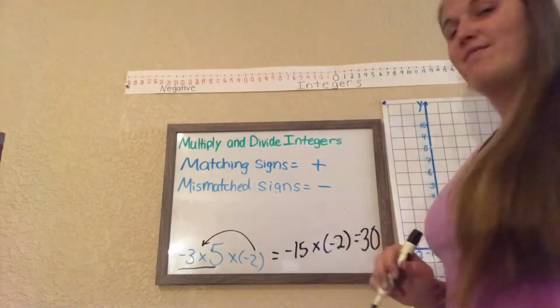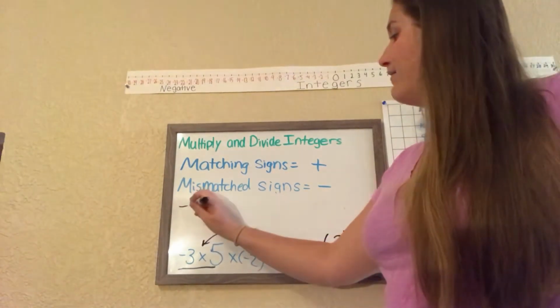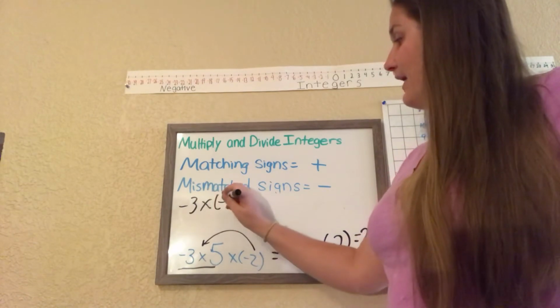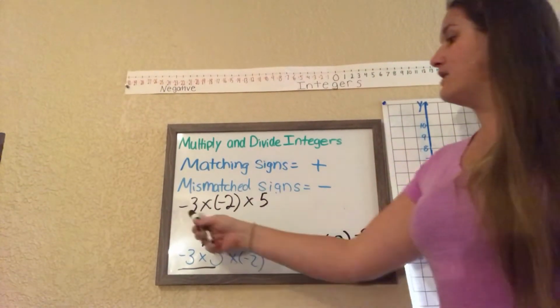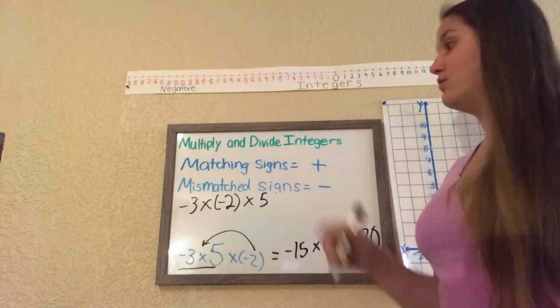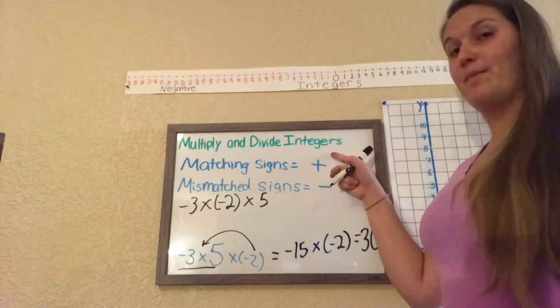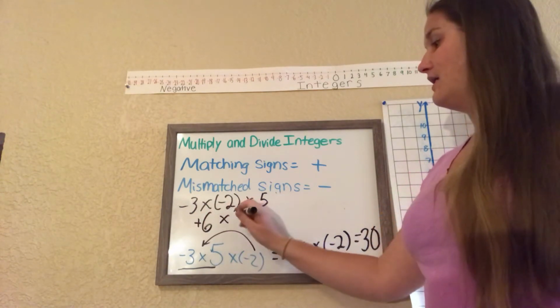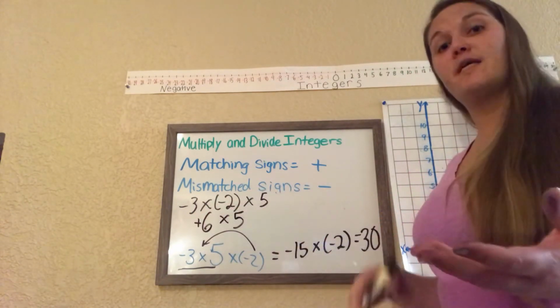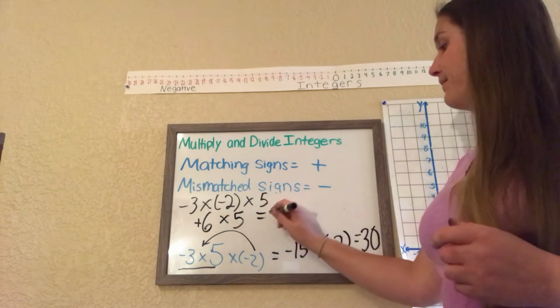Let's group it so we have the negatives together. So -3 times -2 times +5. Okay, so if we have -3 times -2, the signs are matching, so they become a positive. So that's +6 times a +5. So 6 times 5 should equal 30.